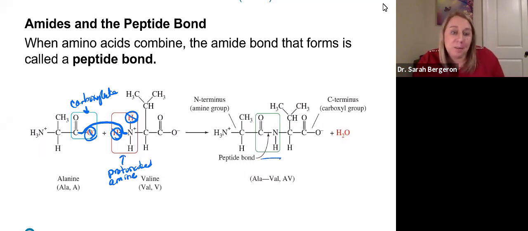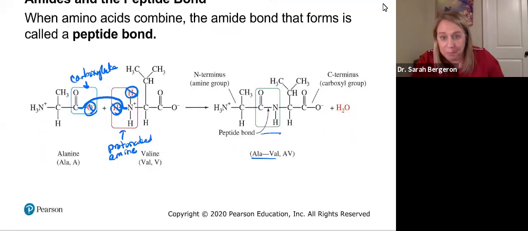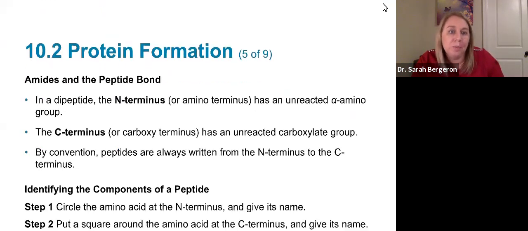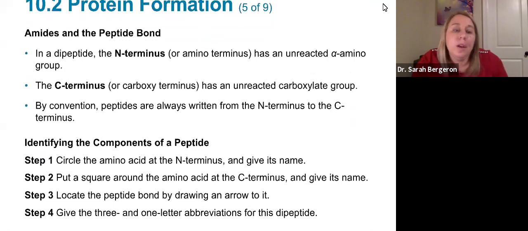In this case, whenever we write them, we're always going to write the three-letter abbreviations with a dash in between the three-letter abbreviations, saying that it's participating in a bond. Okay, so in our dipeptide, the N-terminus has an unreacted alpha amino group.